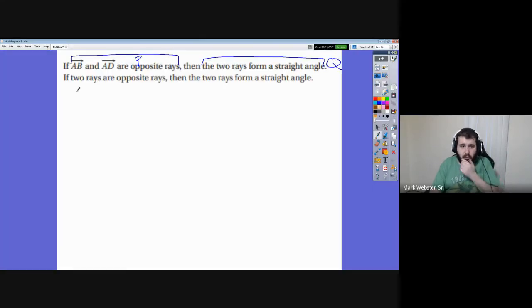That'll be our Q. Two rays are opposite rays. That's a P statement, right? Two rays form a straight angle. That's our Q statement. These are both the same. I mean, this one is slightly more specific, but even then, it's the same thing. Is there any new conclusion that we can draw? No.